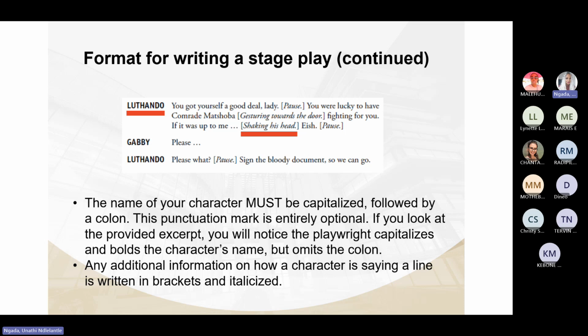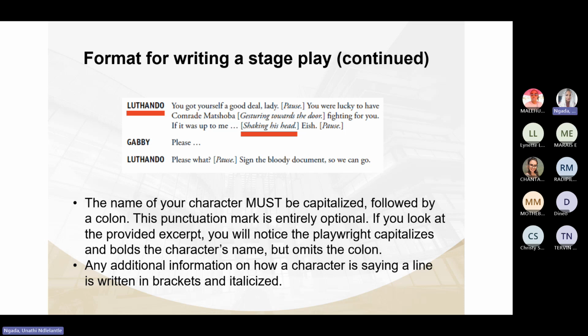So it's always helpful to read up on plays written by South African playwrights and see what theatrical conventions they used in the text, and also how they formatted the stage play. So I always find that very, very helpful.